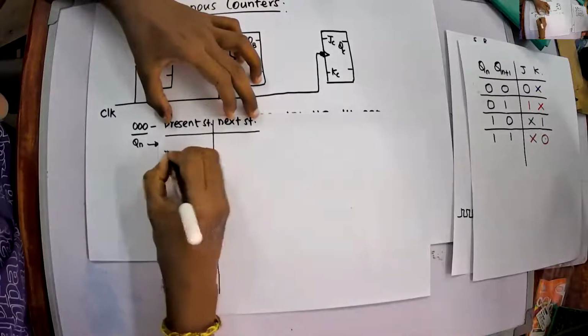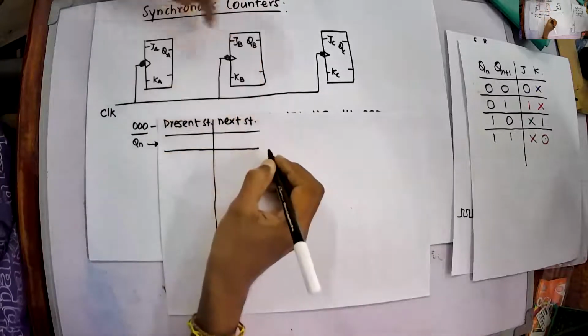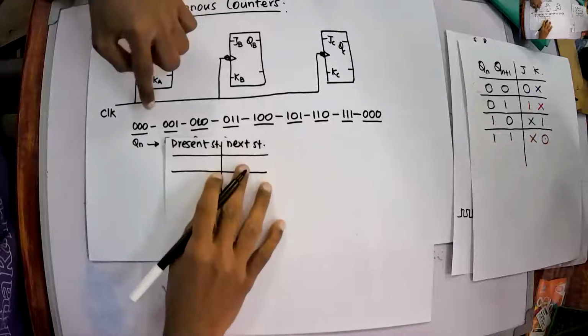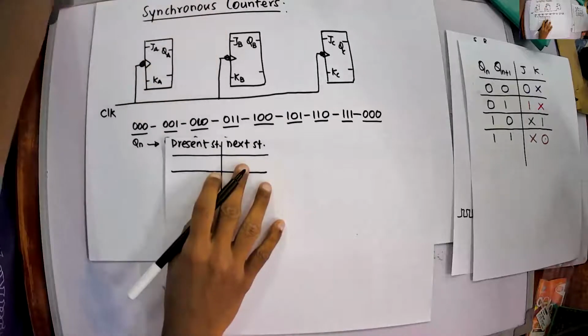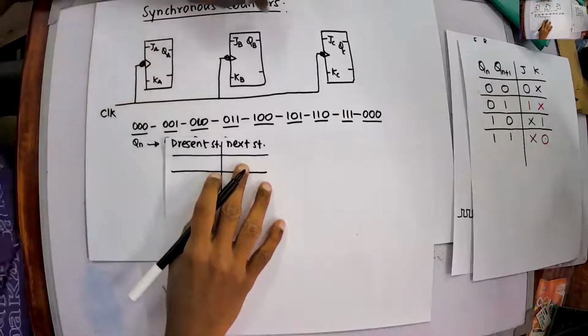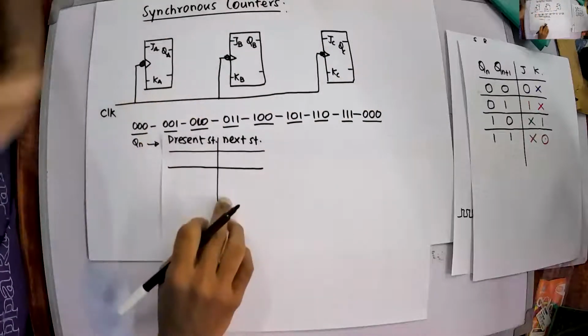So I have 3 inputs, which are 0, 0, 0, for 3 flip-flops. I can name it the other way around, or I can put it in reverse order.